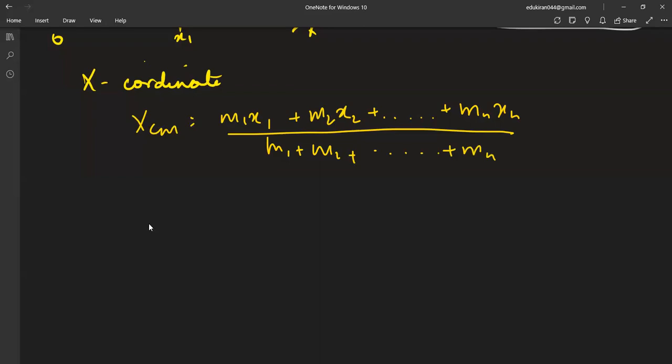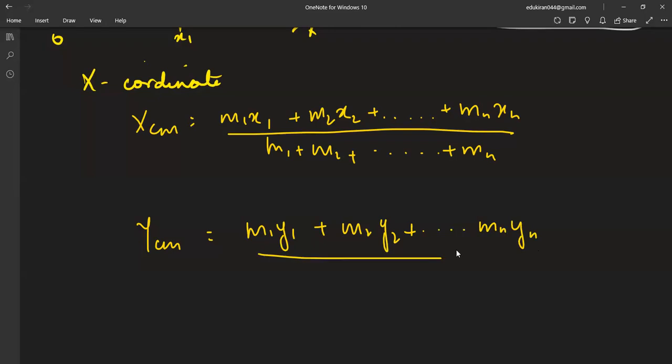All right, if suppose you want to find the y coordinate of the center of mass, this will be m1 times y coordinate plus m2 y2 coordinate, like this, then mn yn. And what will be the mass? m1 plus m2 plus m3 till mn.